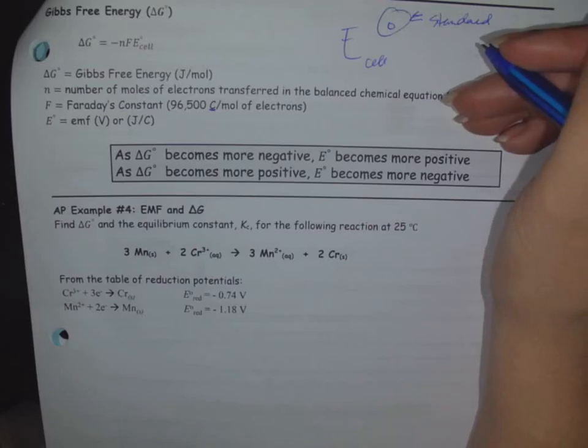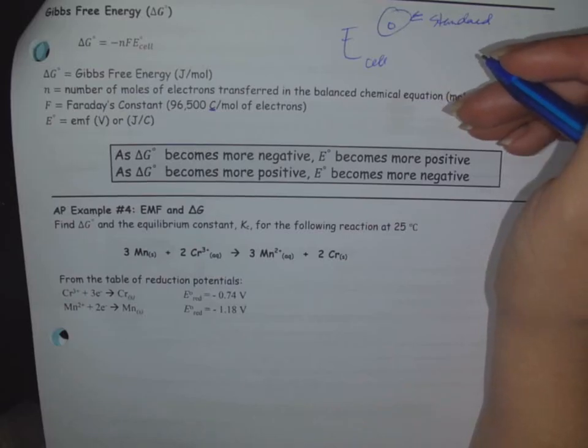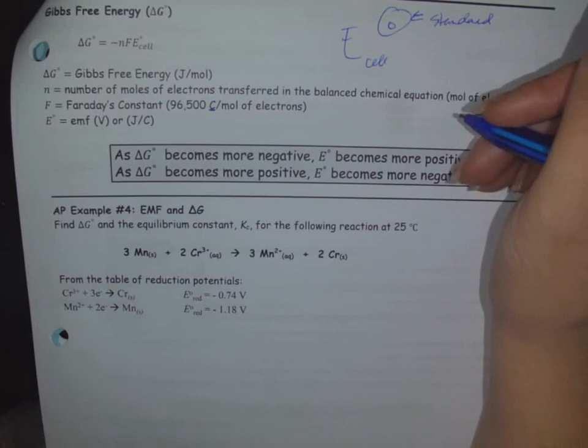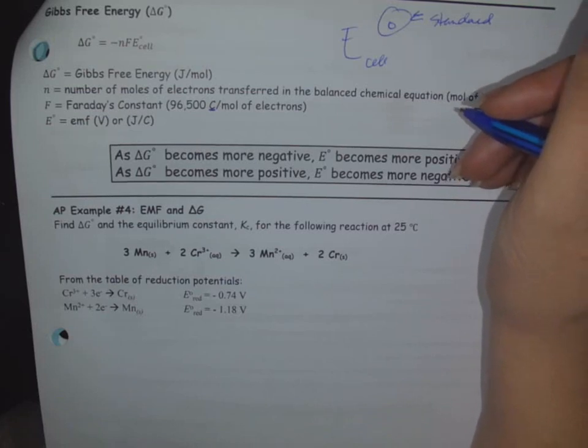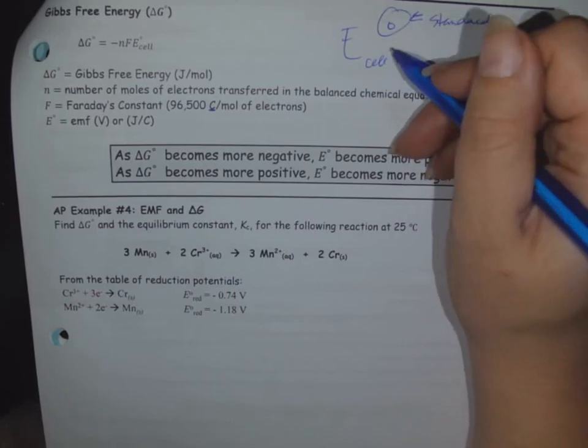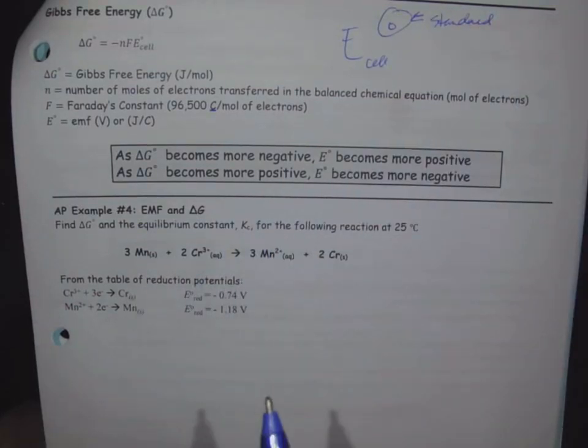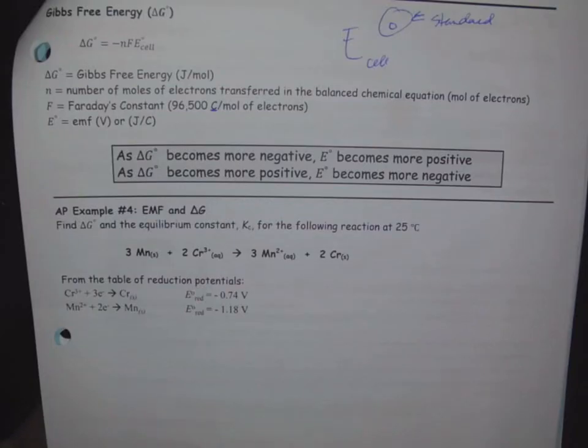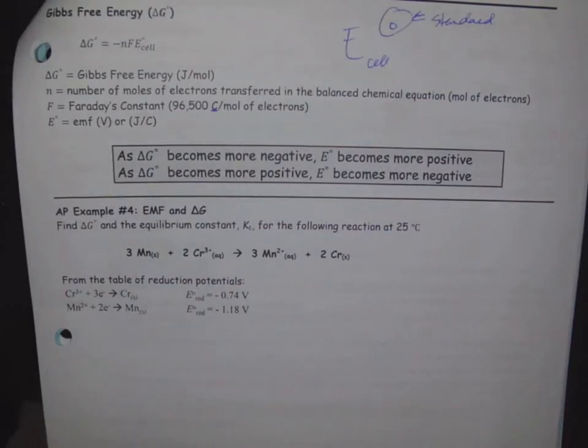So this is typically 25 degrees Celsius, 298 Kelvin, and 1 atmosphere of pressure. When you see those little raised circles, that just means it's happening at the same temperature, in the same conditions, same pressure.